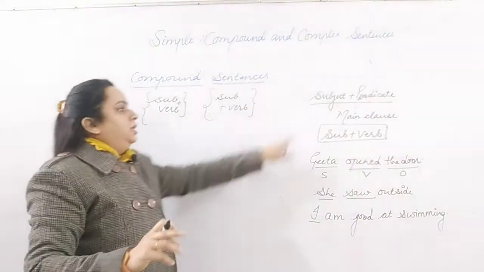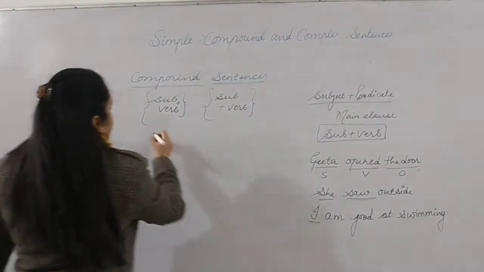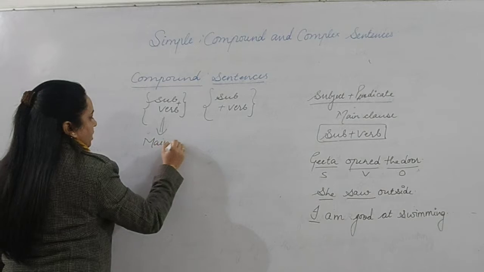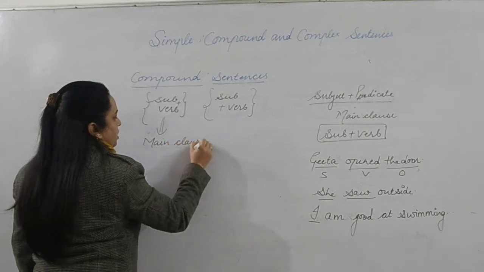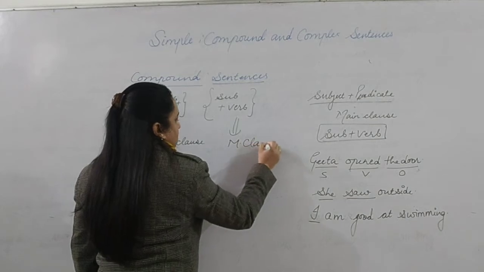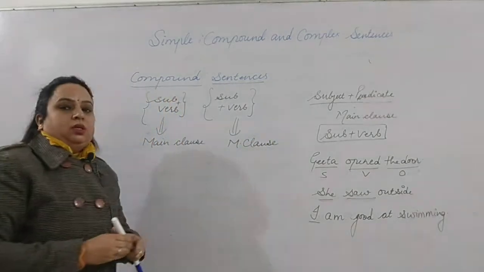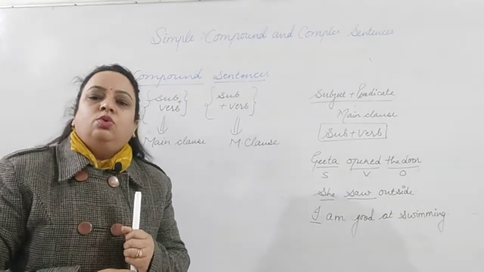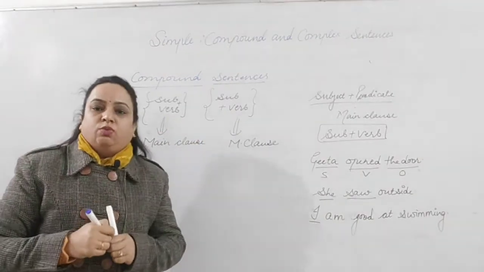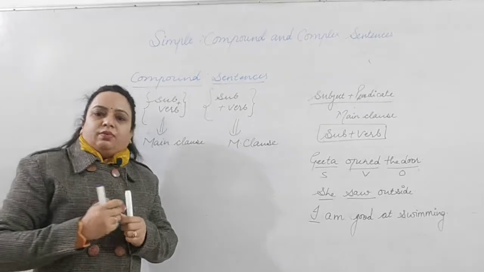We have learned that each will work as a main clause. So this is a combination of two main clauses, meaning two sets of subjects and verbs are required.